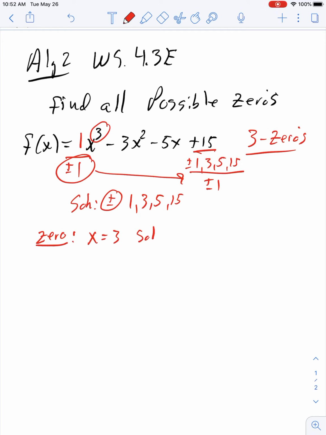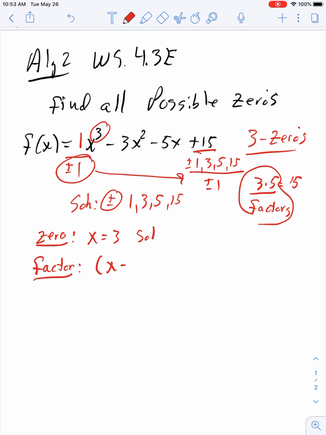Remember these, if I look up here, 3 times 5 is 15. Those are called factors, not solutions. So we need the factor, which is x minus 3.